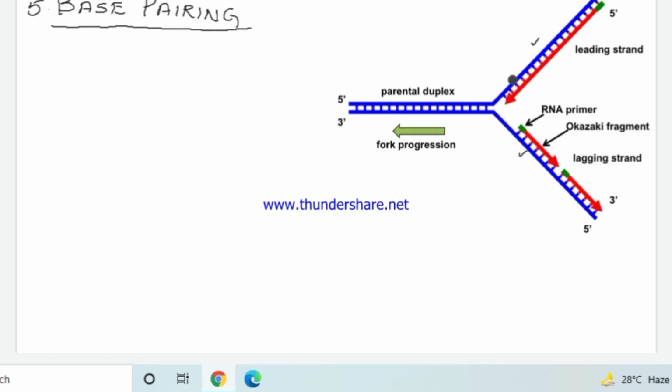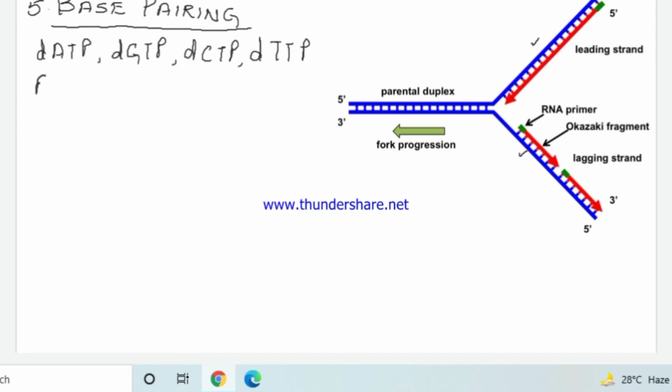So the nitrogen bases in the template strand would attract the complementary phosphorylated nucleotides, that is dATP, dGTP, dCTP and dTTP formed during the activation of nucleotides, and they will be placed in a complementary manner.